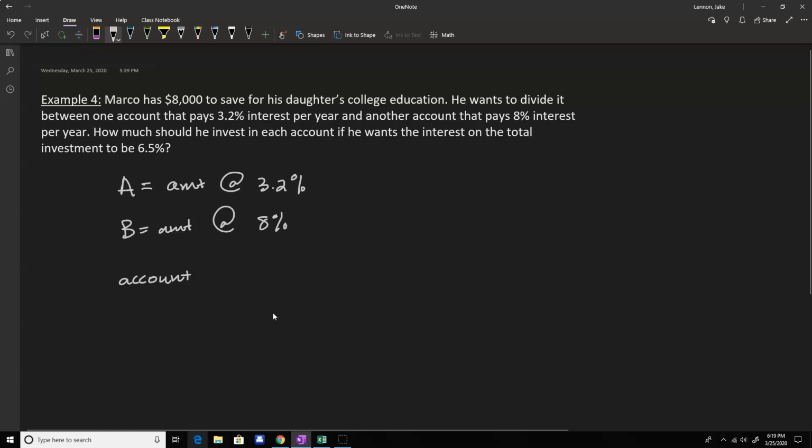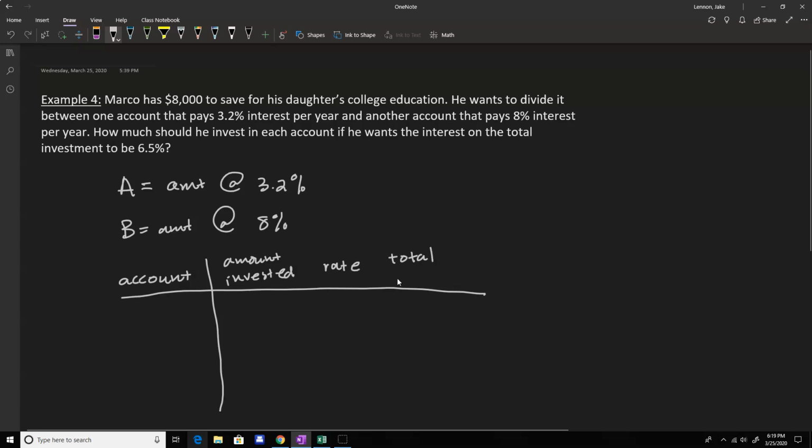So we should have the amount invested, the interest rate, and then the total interest. Again, we have 3 accounts in play: account A, account B, and then the combined account.